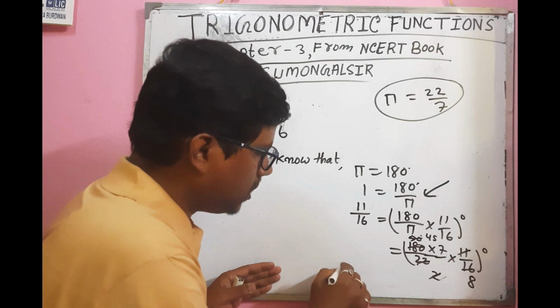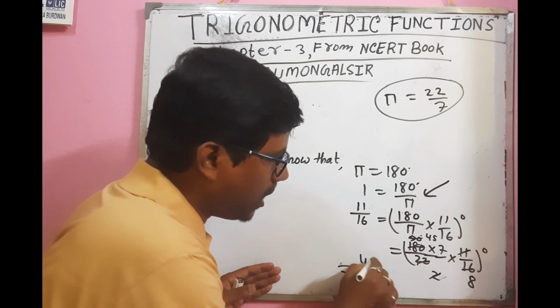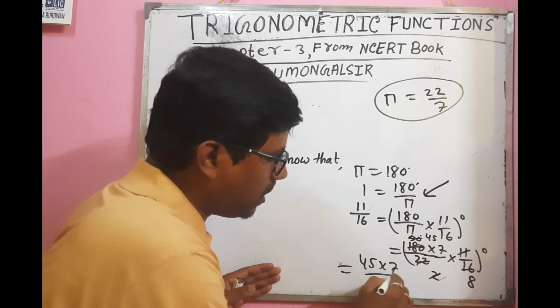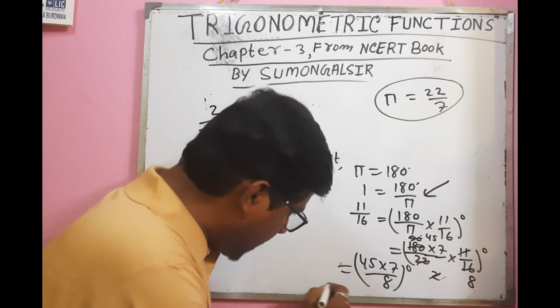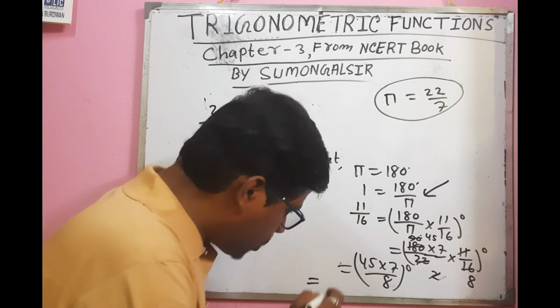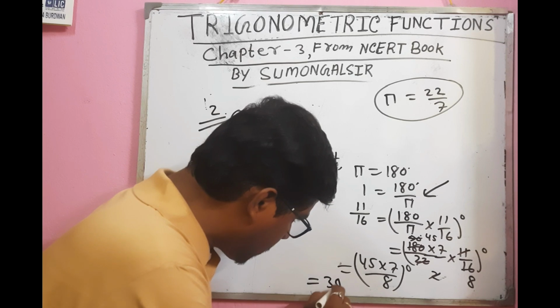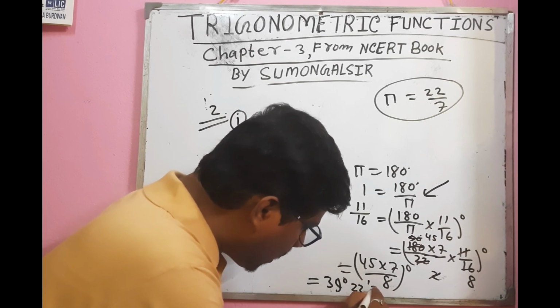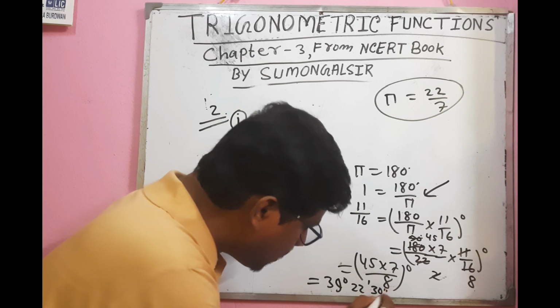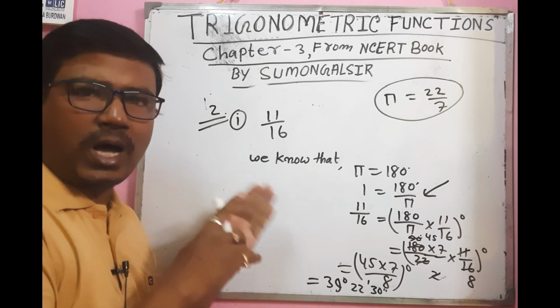So the remaining part is 45 multiplied by 7 divided by 8 degrees. After calculating, we get 39 degrees 22 minutes and 30 seconds. This is the completion of the first.